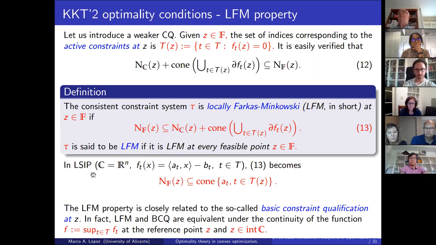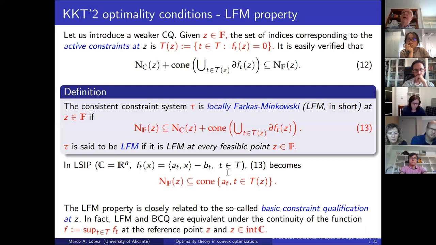In linear semi-infinite programming, when C is the whole space and the functions are affine, this is 0. I have a very nice inclusion. But that means that if I'm at a point of the boundary of the feasible set, this normal cone is not 0, and so there must be active constraints.